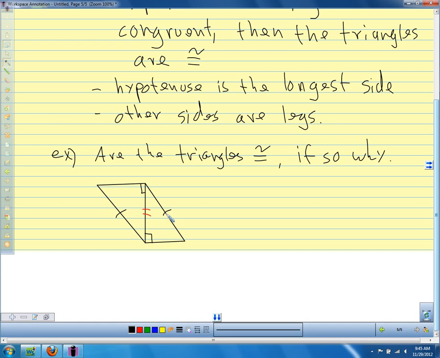So this side that we already marked is the hypotenuse of these right triangles because it's the longest side, and here's a leg. So our right triangles are congruent by hypotenuse leg. And it's important to remember that hypotenuse leg only works for right triangles. We can't use hypotenuse leg on any other triangle but a right triangle.